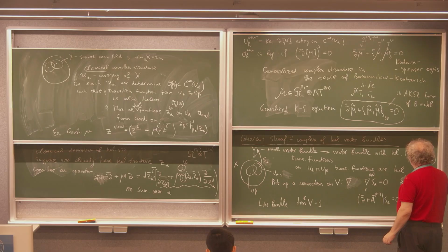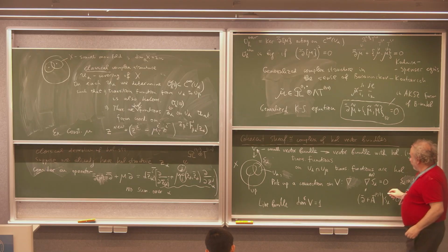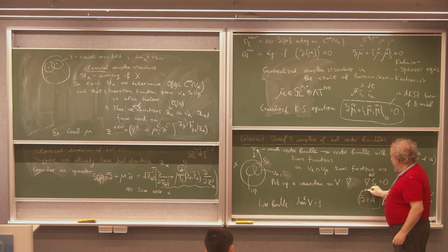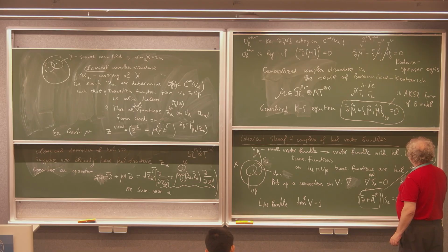Probably here I need to multiply from another side, such that it would work for a vector bundle too. So this object is a complex structure on a smooth bundle.